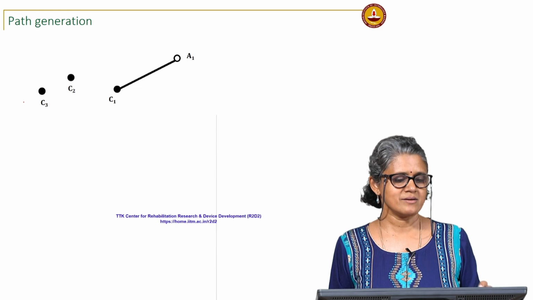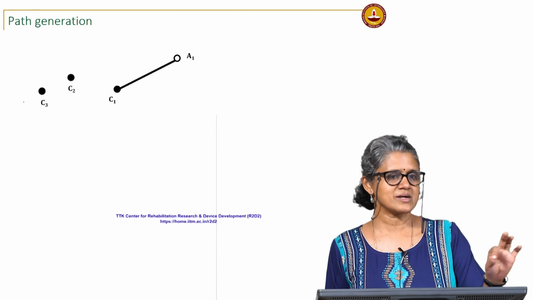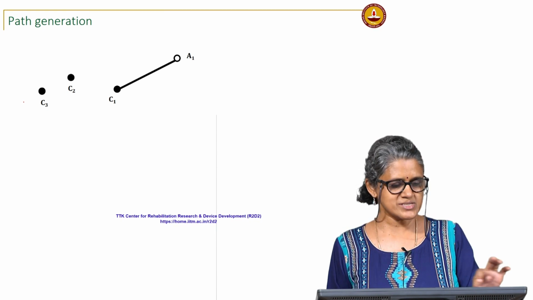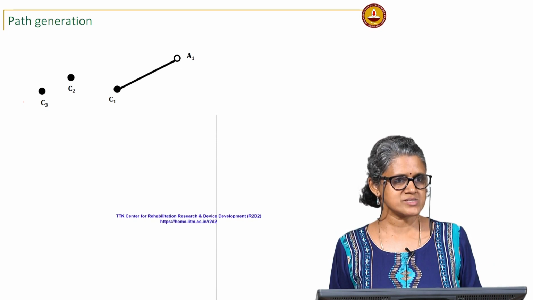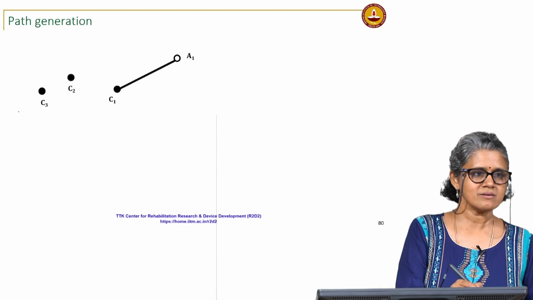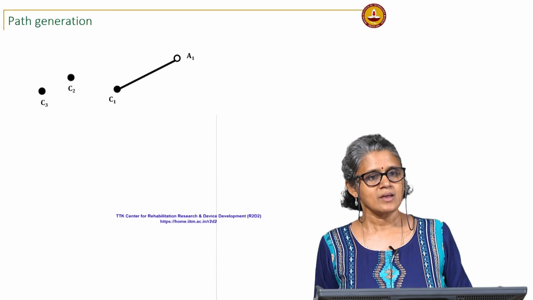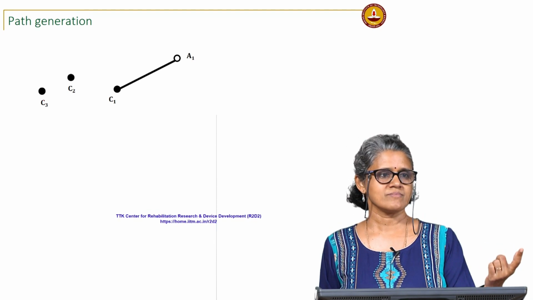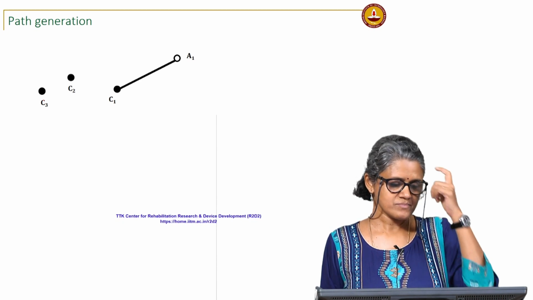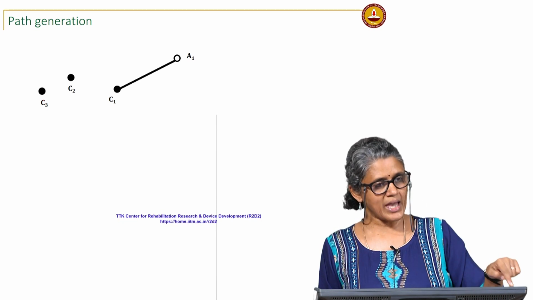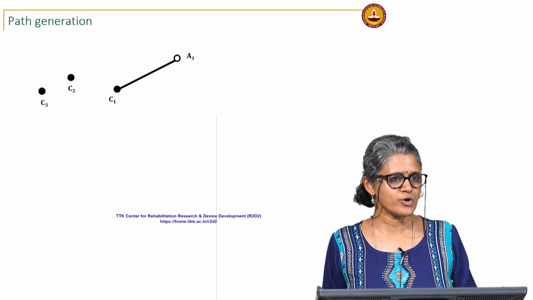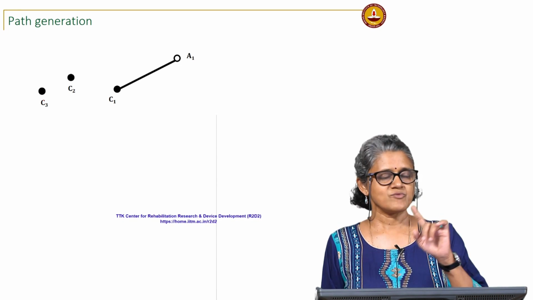So, I have to find the corresponding fixed pivot so that C1, C2, C3 lie on a circle. If I have more than 3 points, then that becomes a problem, but we will see later that you can synthesize for more than 3 points for path generation graphically.